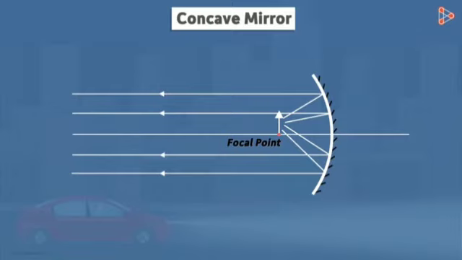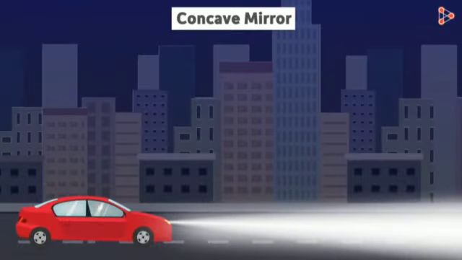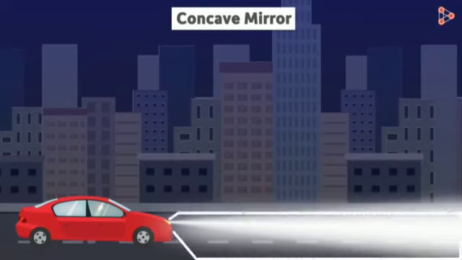If you keep a bulb at the focal point, almost all the reflected rays will travel parallel to each other in one direction. The same concept is used in the headlight of a car or any other vehicle. It will give us a distant view of the road ahead.